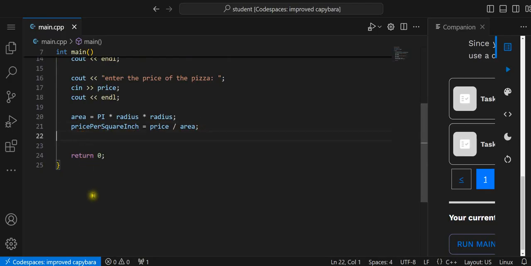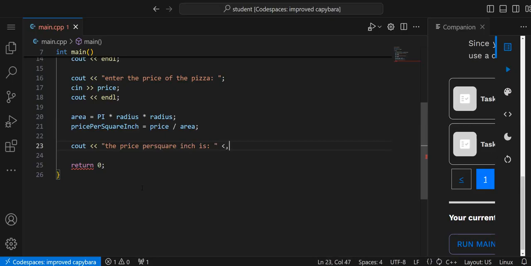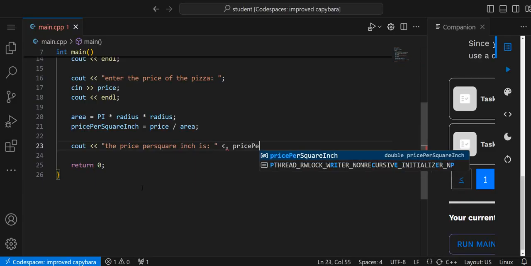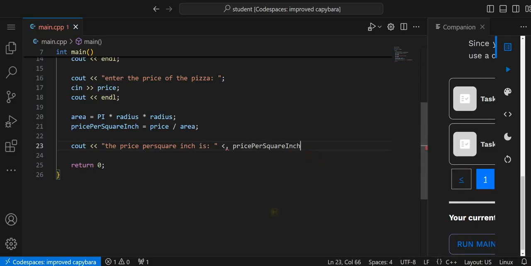Let's go down to our last line. Cout, price per square inch is, price per square inch, and endl semicolon. Alright, so let's see.